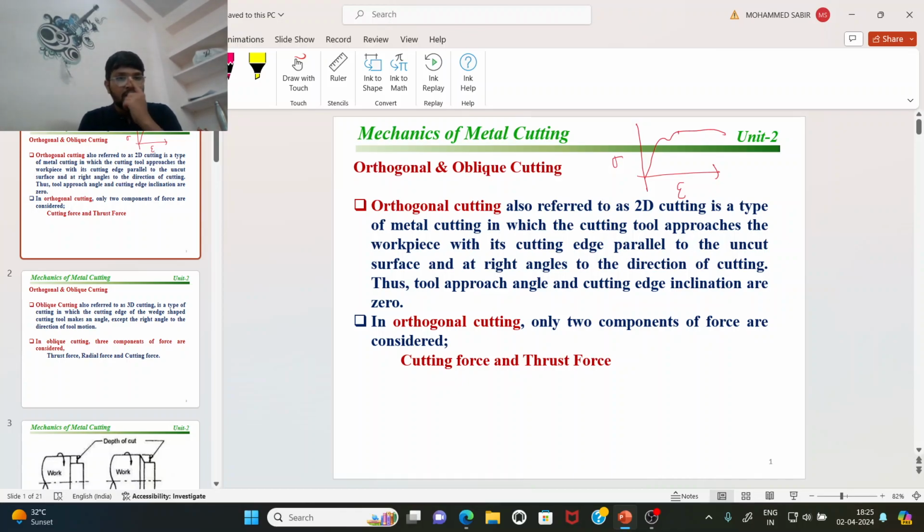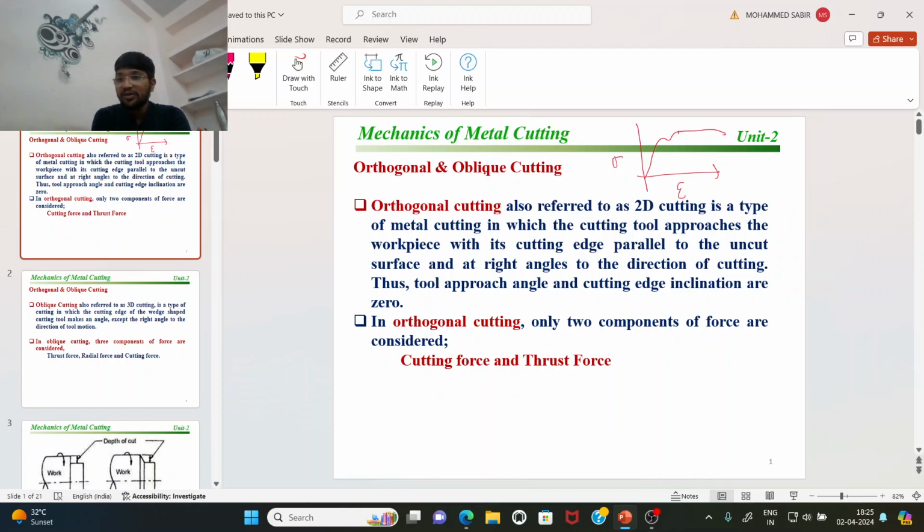Now we saw how the workpiece is being machined by a tool, and as the shearing action occurs, that is yielding.